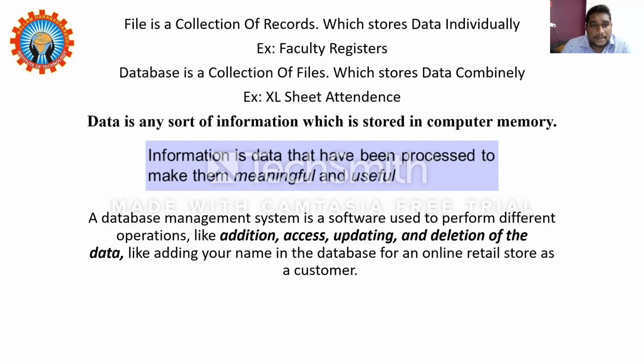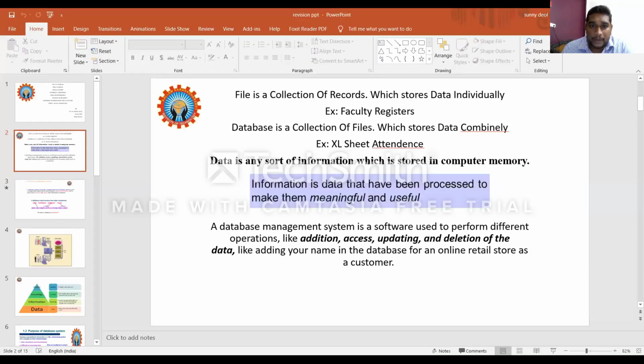But a database is a collection of files which stores data combined. If you take an Excel sheet, attendance is a combination of all 6 files, and we maintain all these 6 files in one database. See here, this is an Excel sheet called attendance.